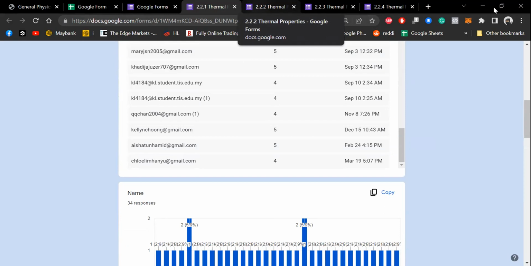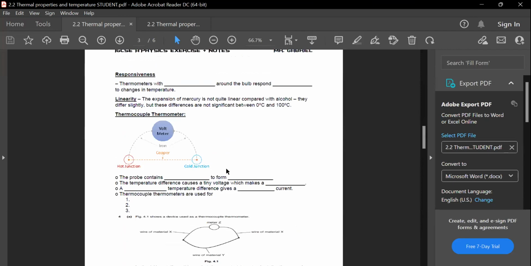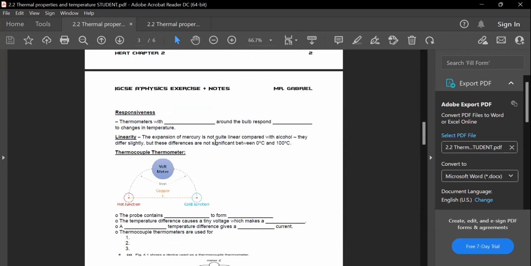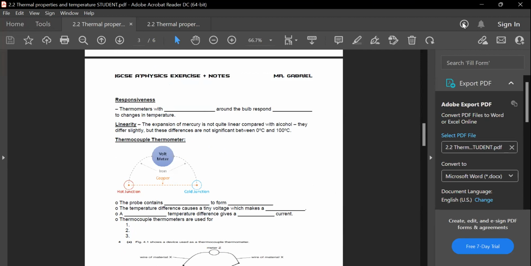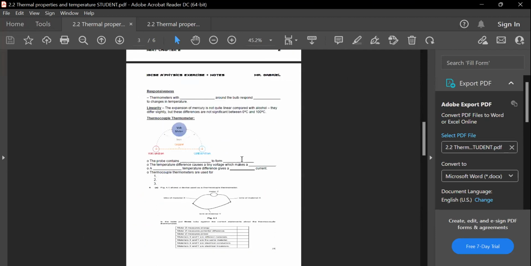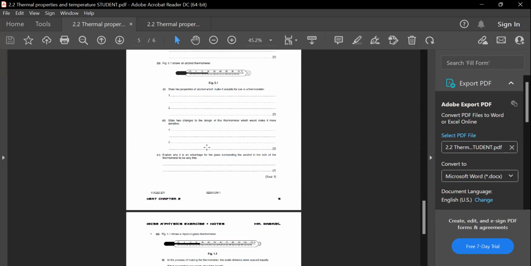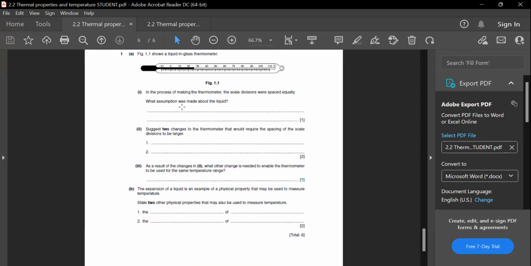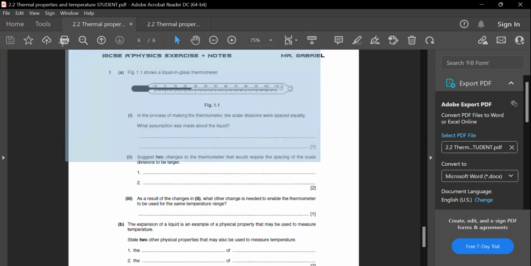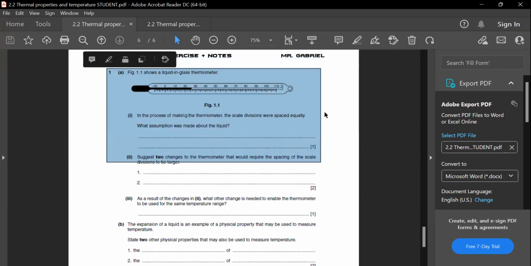Before the internet breaks, is everyone still here, by the way? Homework, everyone: every one of these questions here, finish all the way until this page.